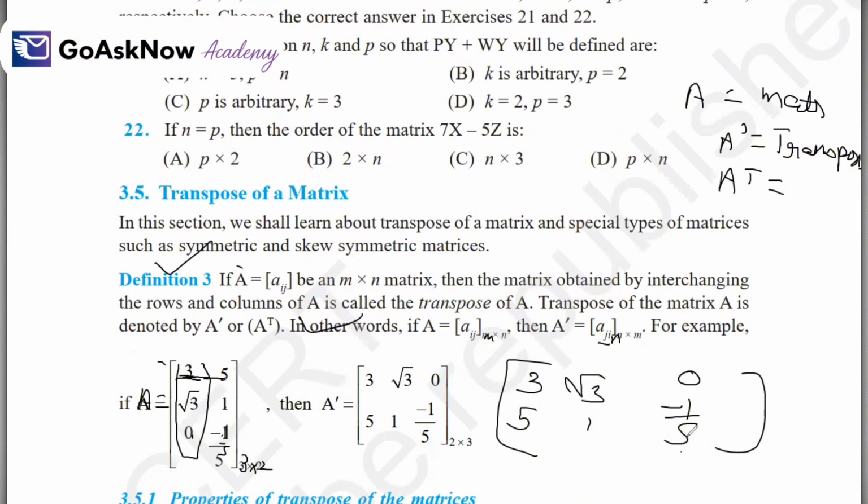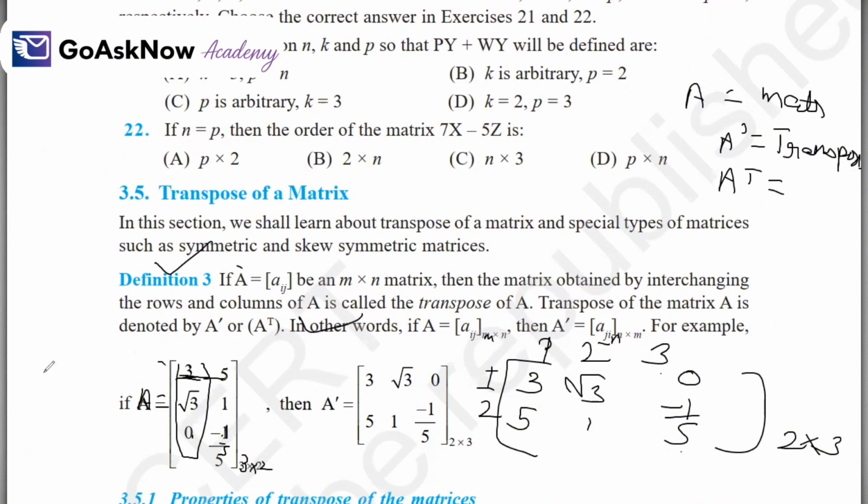So the order here is 2 cross 3, because here you can see two rows, 1, 2, and three columns, 1, 2, 3. That is why the order is changed here, because the elements are exchanged between rows and columns.